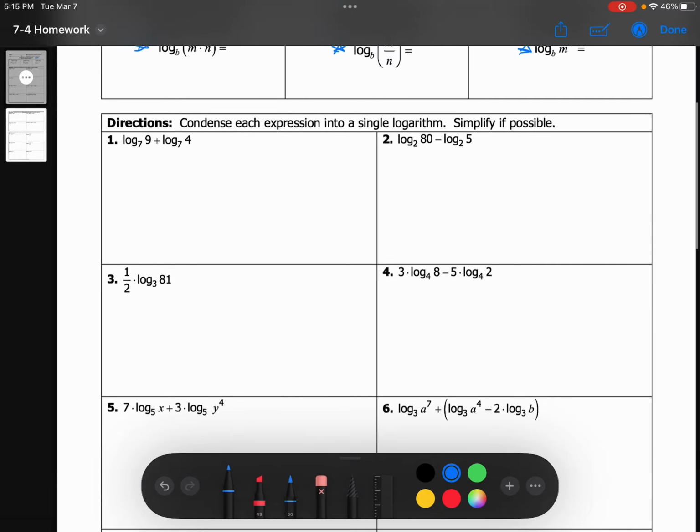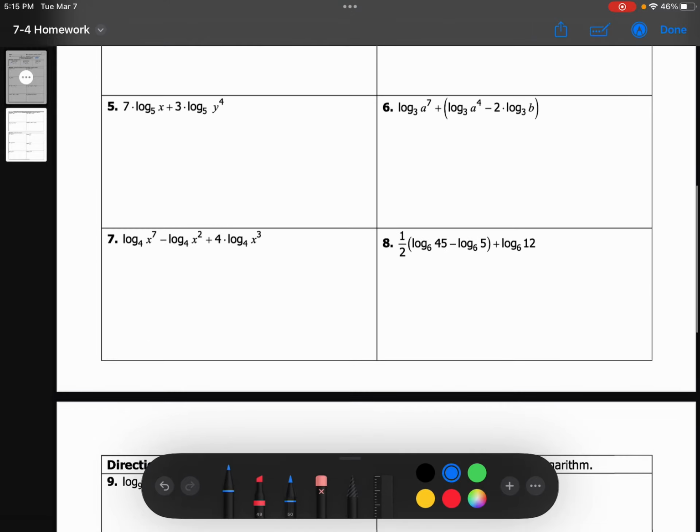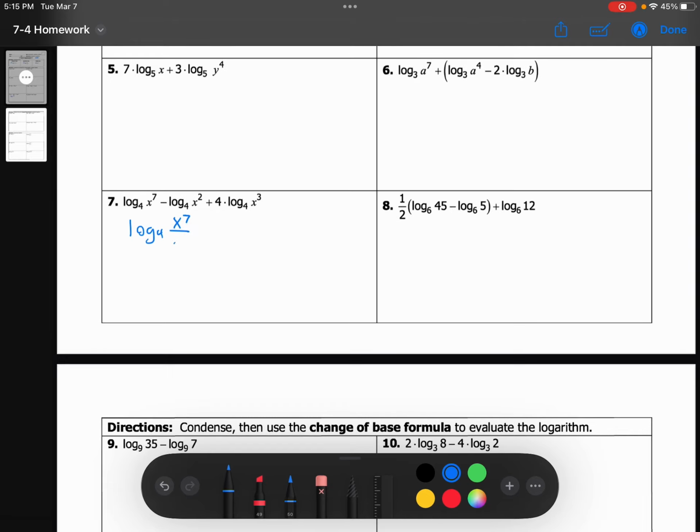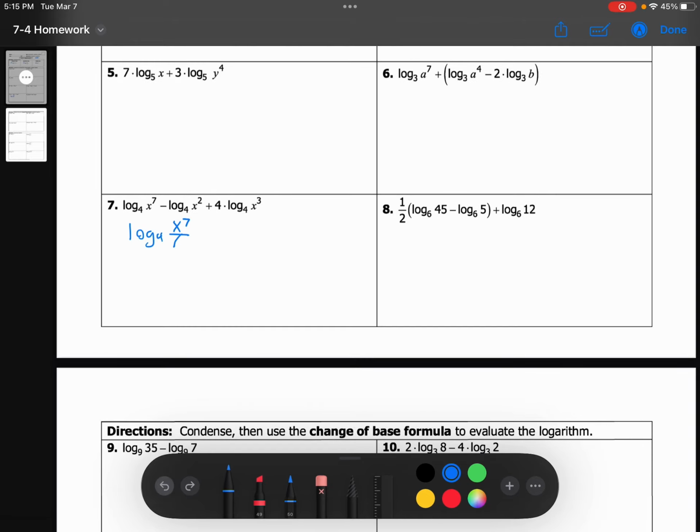Remember, the rule here is I want to condense. I want to make these 3 logarithms into a single logarithm. Now, right here, I'm already halfway there. The powers are already up there. This is x squared. Now, this 4, I'm going to bring it up as a power. Now, if I have x cubed to the power of 4, that's going to give me x to the 12th.